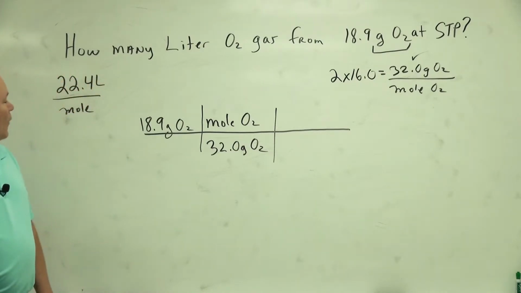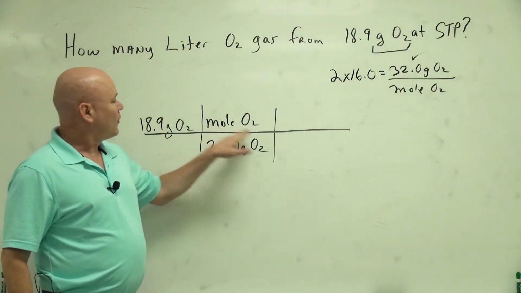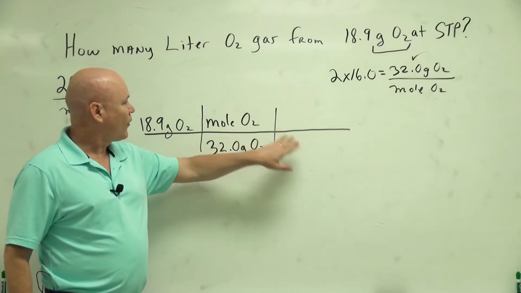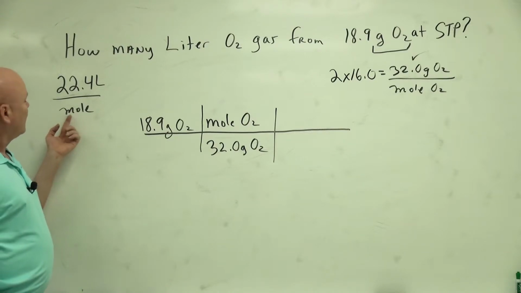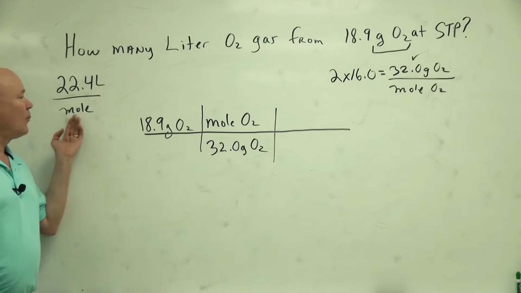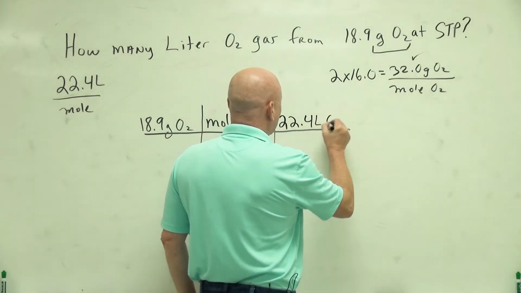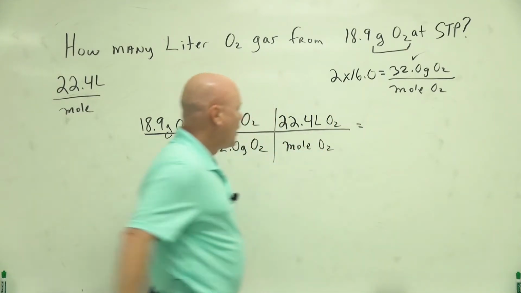And so I'm not done here yet because I'm looking for how many liters, and I have moles oxygen here, which means I must have moles oxygen over here to cancel the moles oxygen, and the only thing I have left here that has moles in it is my gas STP relationship. And so to get the moles to cancel, I'm going to leave this like it is. I'm going to leave it with the moles on the bottom, and so I'm going to say 22.4 liters oxygen for every mole oxygen, and we're done with my setup.